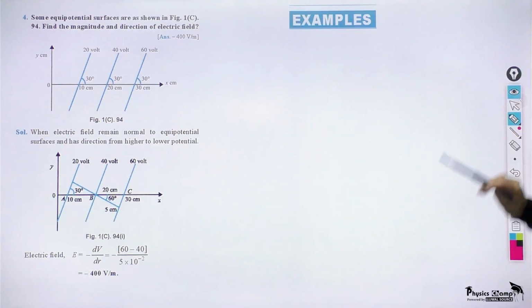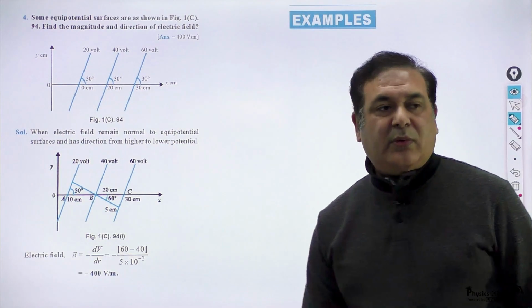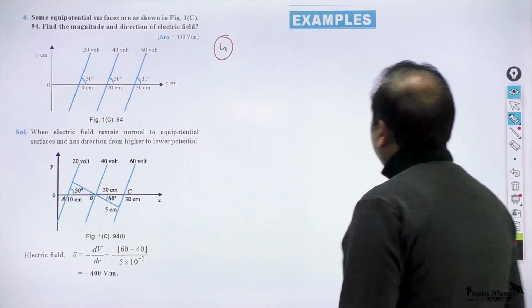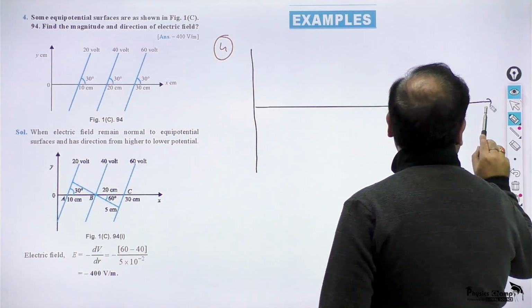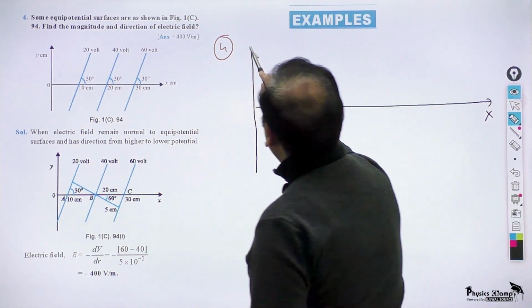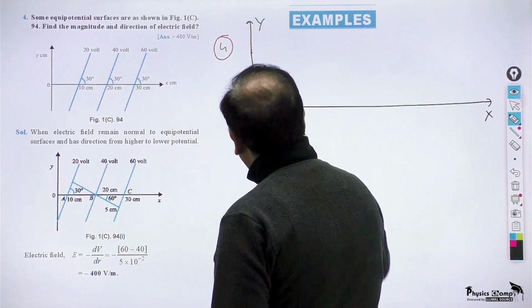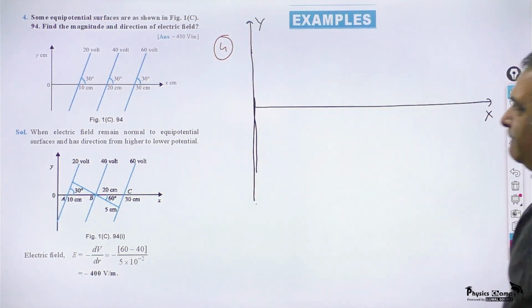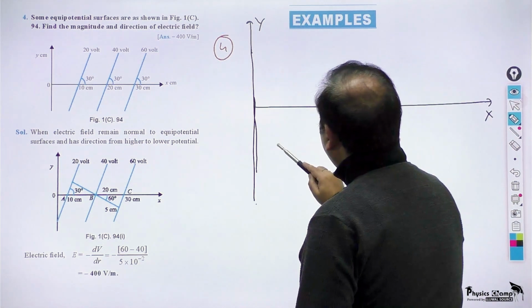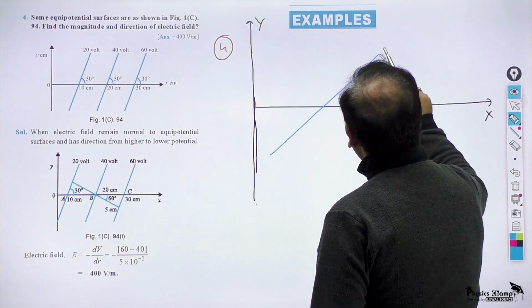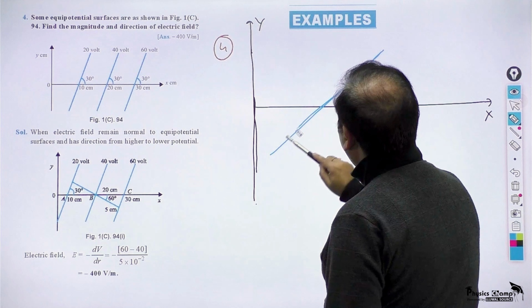Now question number 4 is another very good question. Here, as per the question, what is provided to you is, this is x-axis and here is y-axis. And you have some equipotential surfaces which are provided here. The equipotential surfaces are like this. This is first equipotential surface.